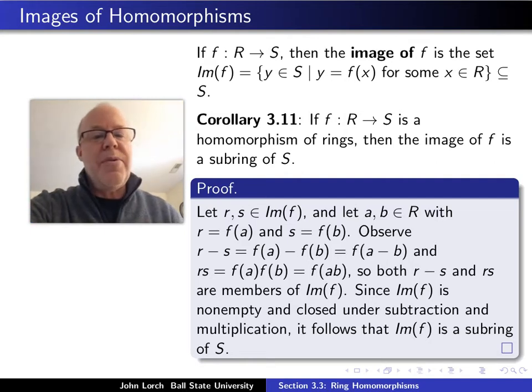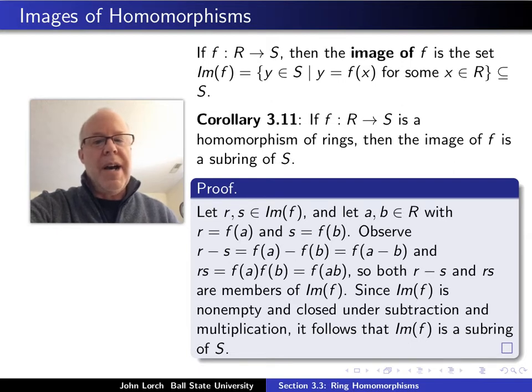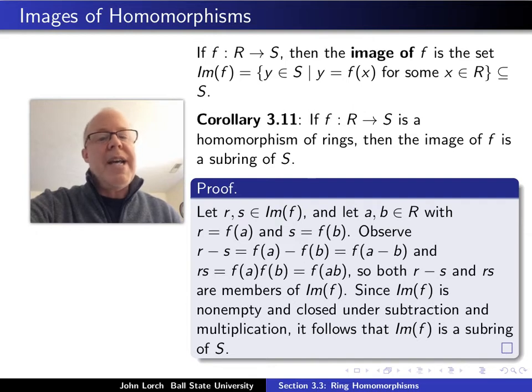So we pick two things in the image, r and s, and because those things are in the image of our function f, we know that there are elements a and b back in R where little r is equal to f of a and little s is equal to f of b. And now if we take r minus s, we can write that as f of a minus f of b. But then we saw earlier from theorem 3.10 that that's just equal to f of a minus b.